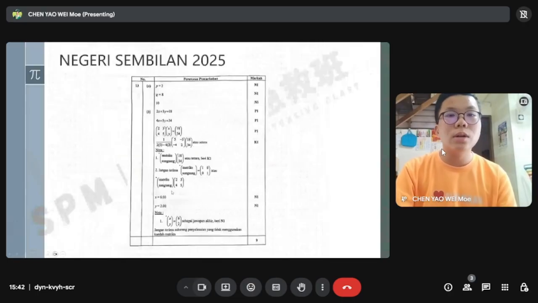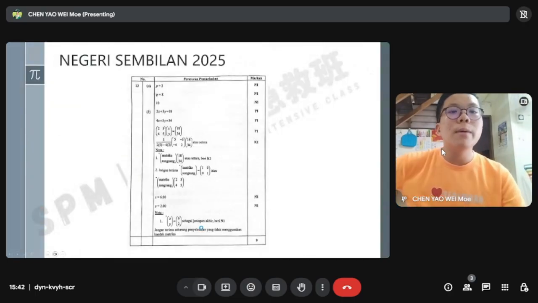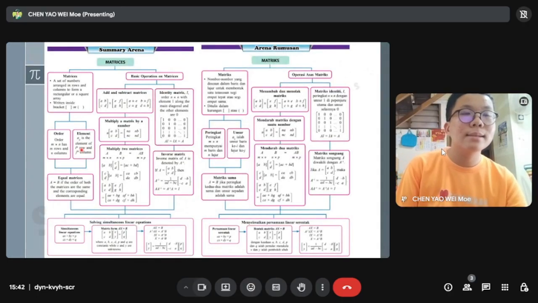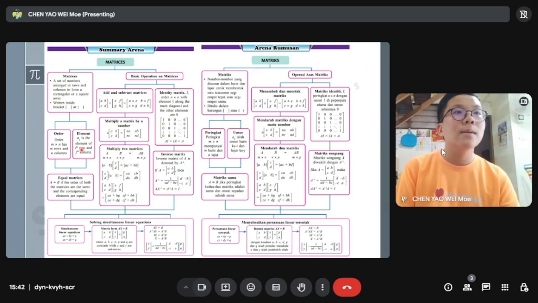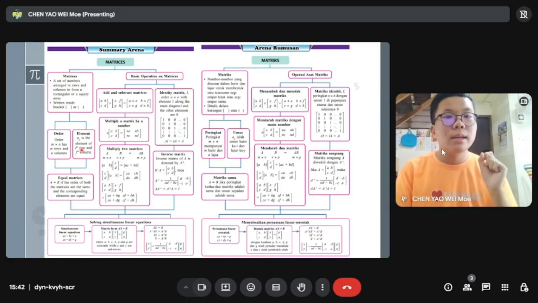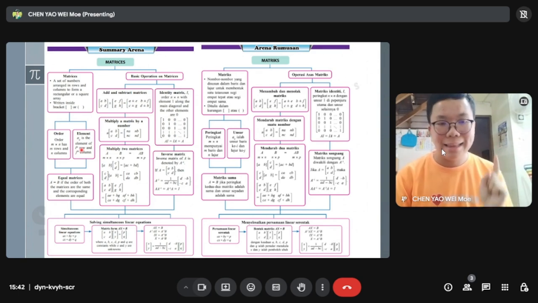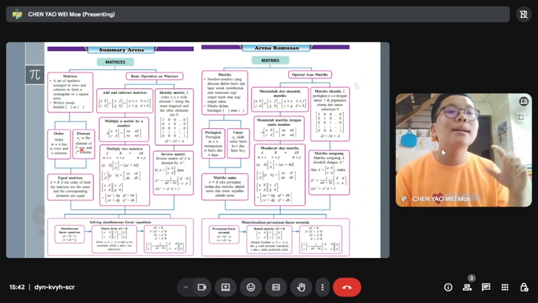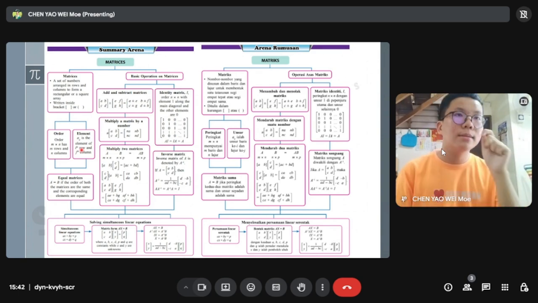To conclude, what we learned today? We learned about matrix. We need to know how to represent all the elements in a matrix. And equal matrix we can use for finding the unknown number in the matrix equation.